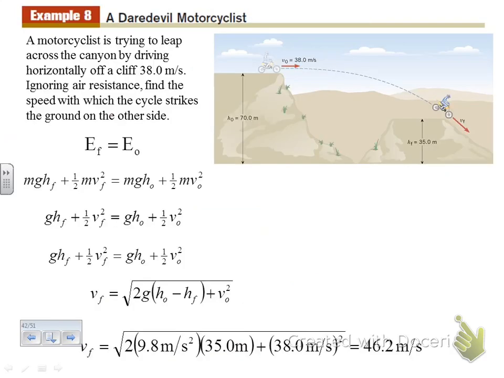So here we have an example of a motorcyclist trying to leap across a canyon by driving horizontally off a cliff at 38 meters per second. Ignoring air resistance, find the speed with which the cycle strikes the ground. If we ignore air resistance, we assume the work done by the non-conservative force is zero because there are no non-conservative forces, which means the final mechanical energy is equal to the initial.